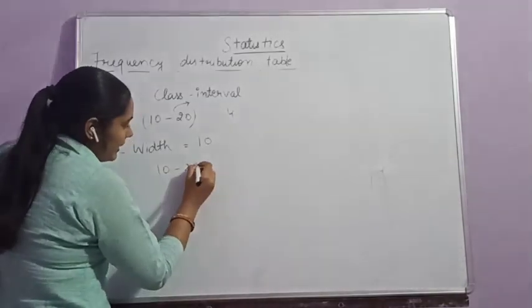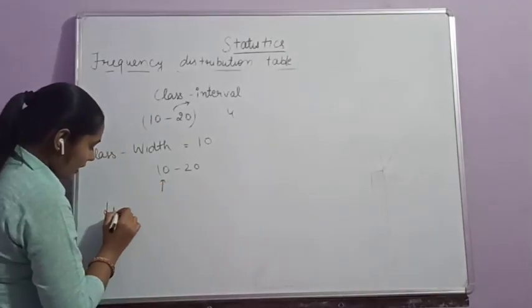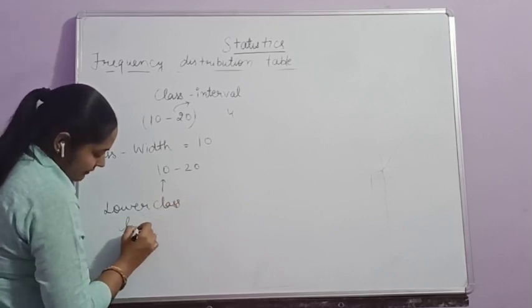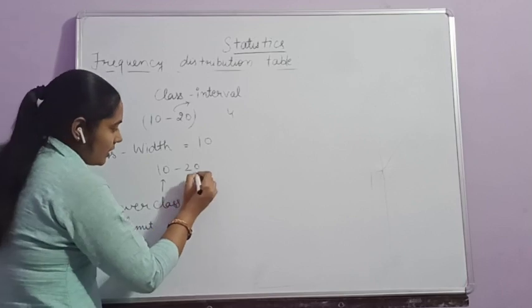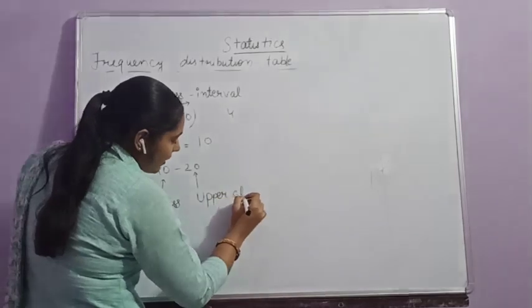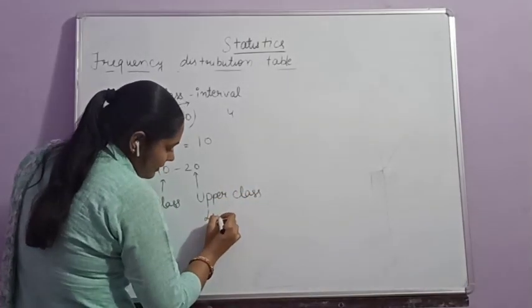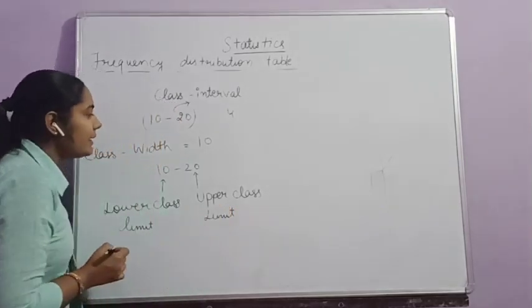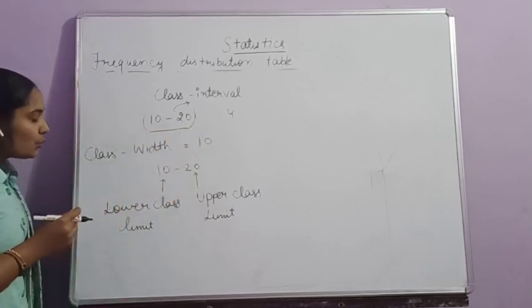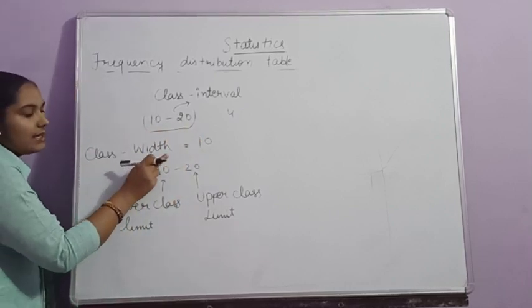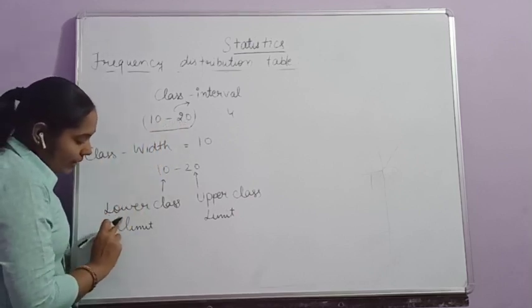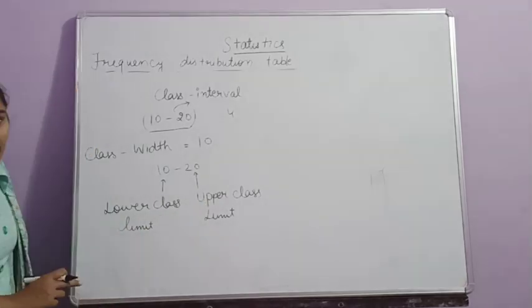In 10 to 20, 10 is lower class limit, and 20 is upper class limit.